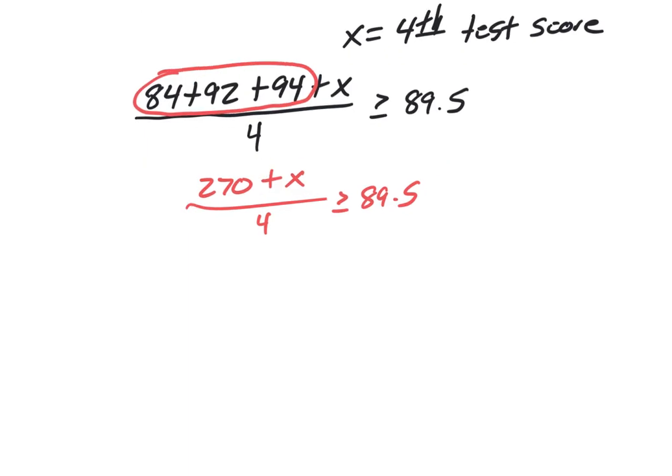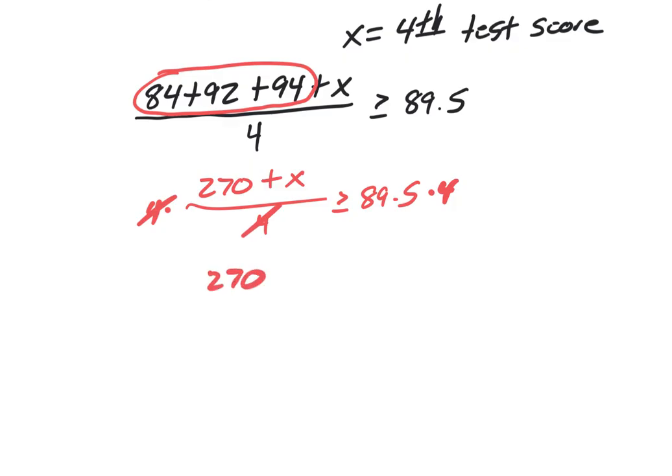Okay. Now, we can't just divide 270 by 4. Because this is a whole expression up here, we can't divide them by 4. You could divide both of them by 4, but then we have fractions and no thank you, right? So what would be the better way to get rid of the 4? Multiply it. Yep, we're going to multiply on both sides. We want to get rid of that fraction, so we're going to multiply by 4 on both sides.